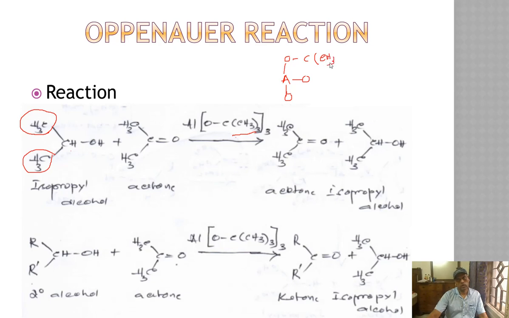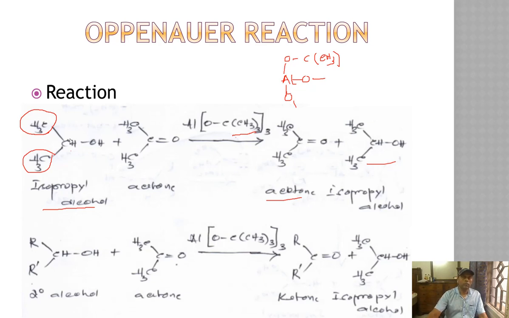This is aluminum. Again you have to attach those in a similar way. So that is nothing but aluminum tertiary butoxide. What is going to happen? This isopropyl alcohol, which is secondary alcohol, is going to convert to acetone. And again, isopropyl alcohol is your side product here, byproduct.